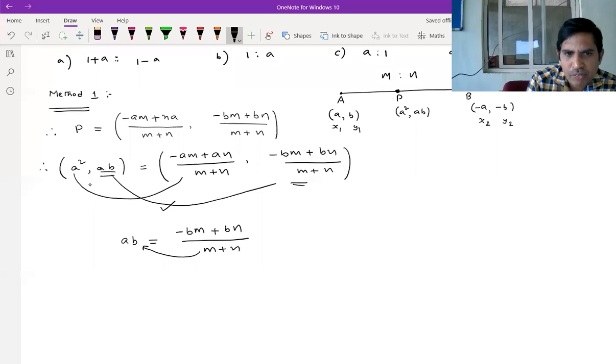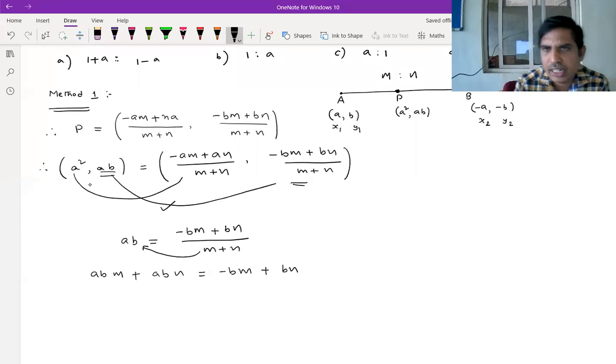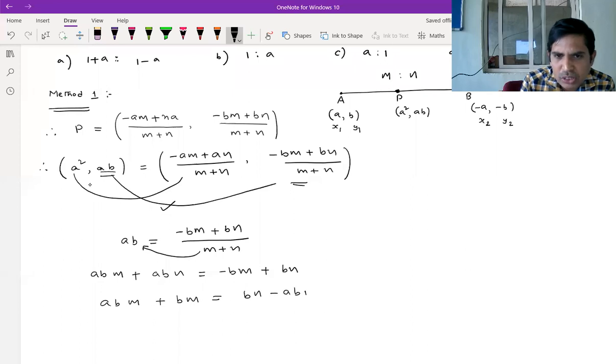Cross multiply: ABM plus ABN is equal to minus BM plus BN. Understood? Now, ABM and this minus BM taken to the left side, nothing but plus BM, is equal to BN, and this ABN taken to the right side, nothing but minus ABN.